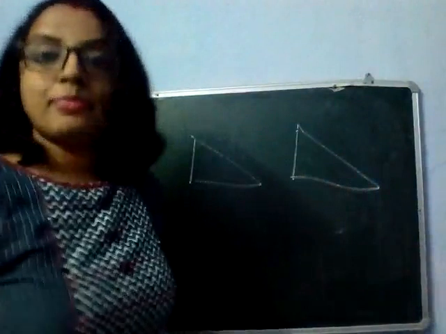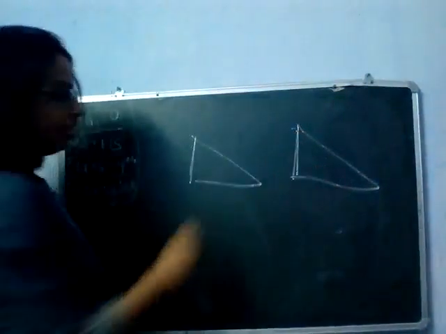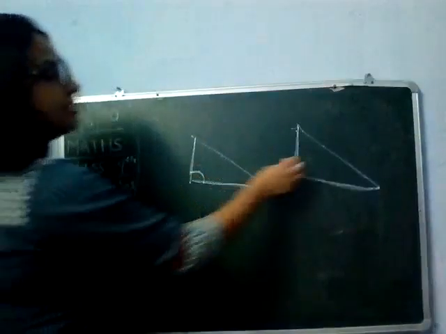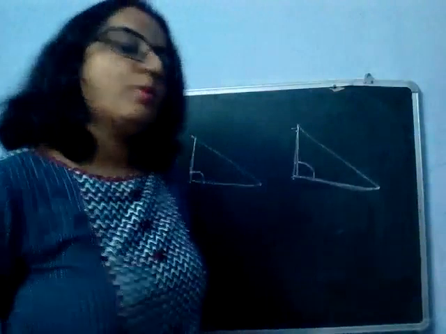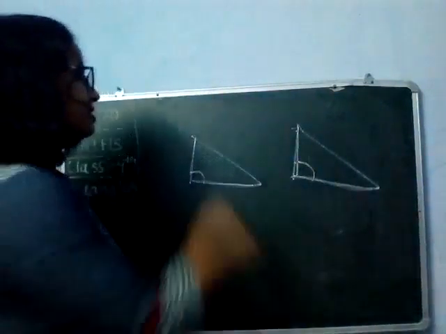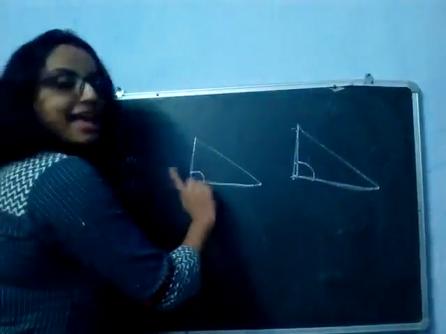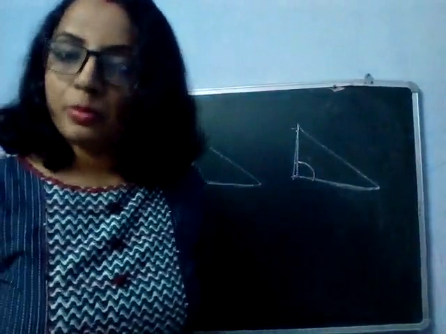If in these two triangles this side equals this side, this side equals this side, and this angle equals this angle, then by the SAS property these two triangles are congruent. It means side, the angle in between the two sides, and the side. This is known as the SAS property.